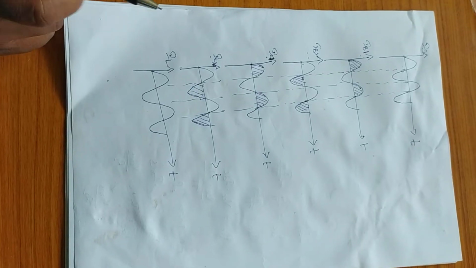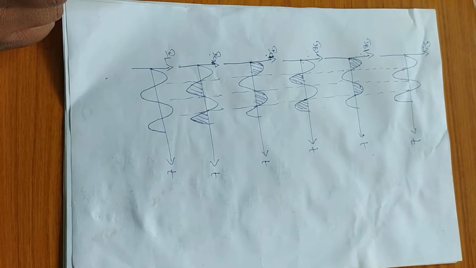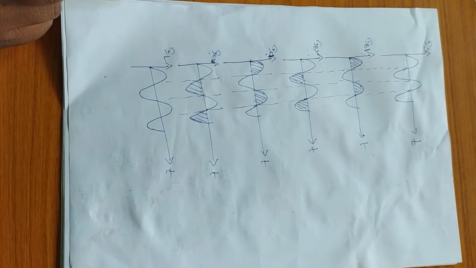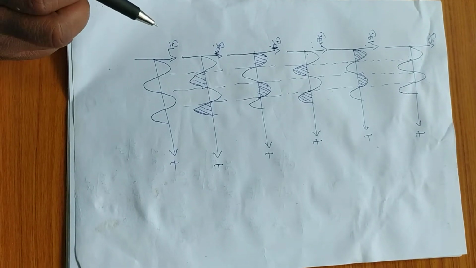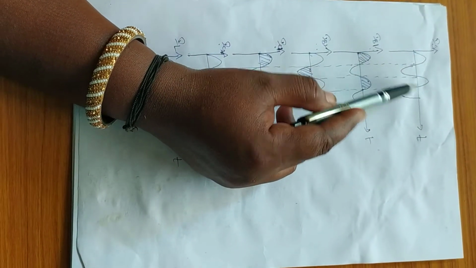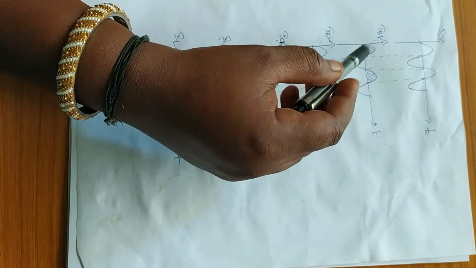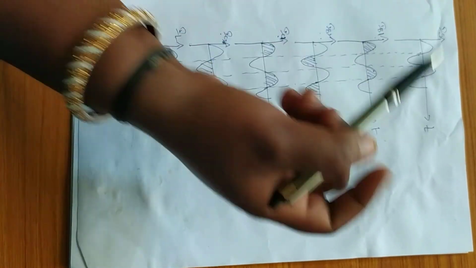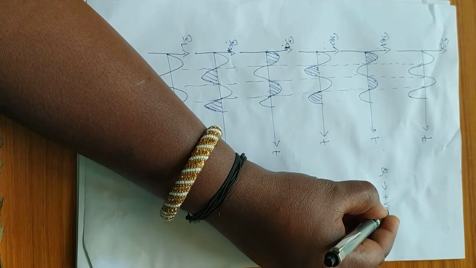Everyone, in this class I am going to explain how the input base and collector currents flow in push-pull amplifier. This is the input waveform with respect to T. Whenever IB1 flows, that is Q1 conducts for positive half cycle.